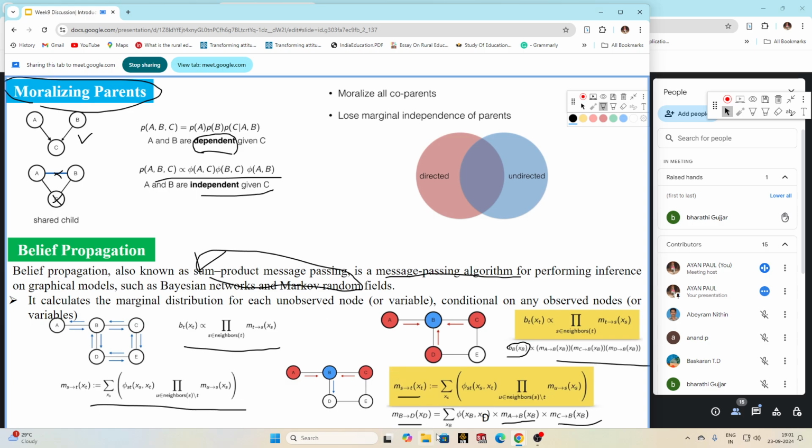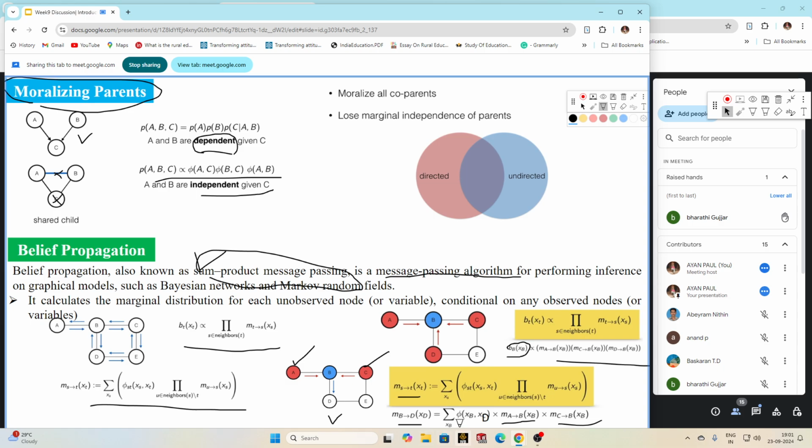When we do the sum of message passing, we will not consider the receiver; we will consider the other nodes. Which nodes? If we want to pass a message from B to D, we consider its neighbors. A is a neighbor of B, C is a neighbor of B, and D is also a neighbor of B, but D is the receiver. So we will not consider the receiver in this equation.